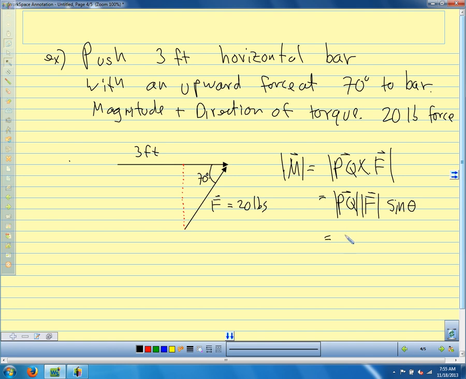So that's just going to be 3 times 20 times the sine of 70 degrees. And when I multiply this out, this comes out to about 56.4 foot-pounds.